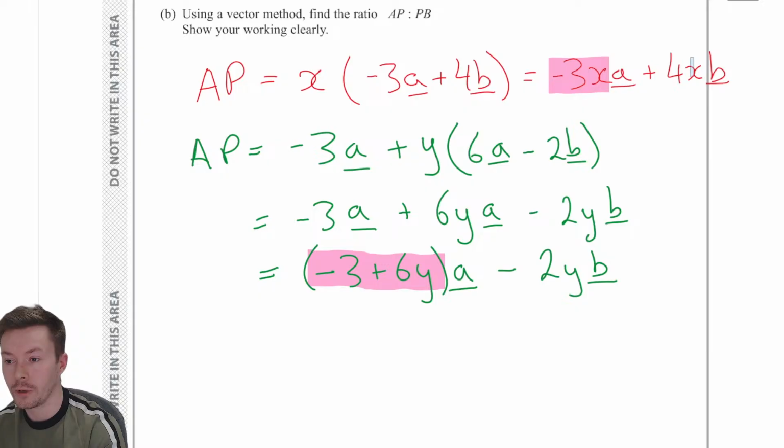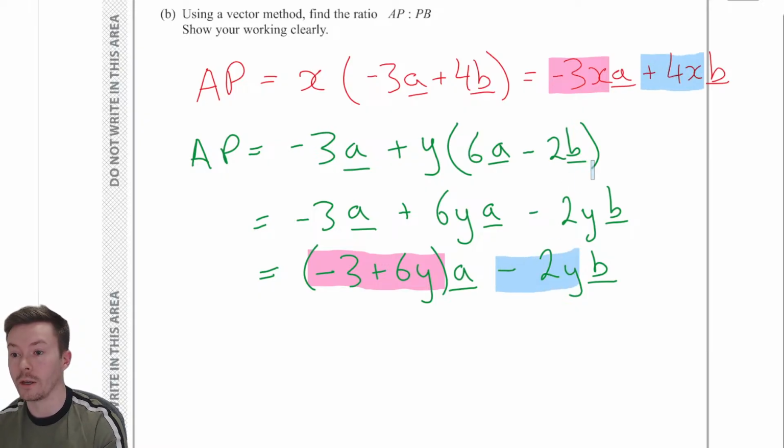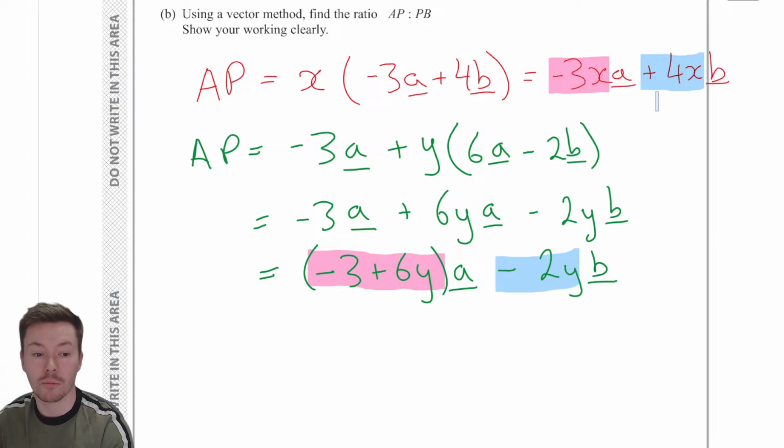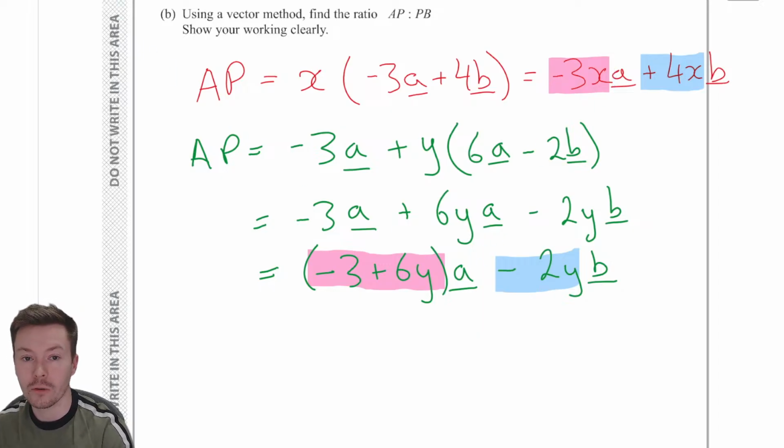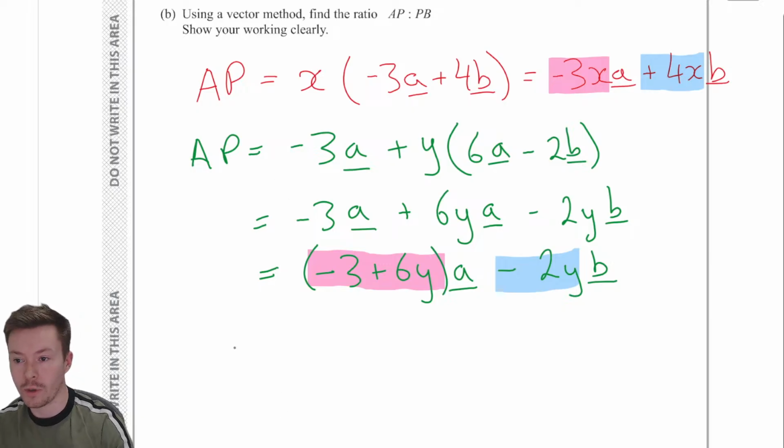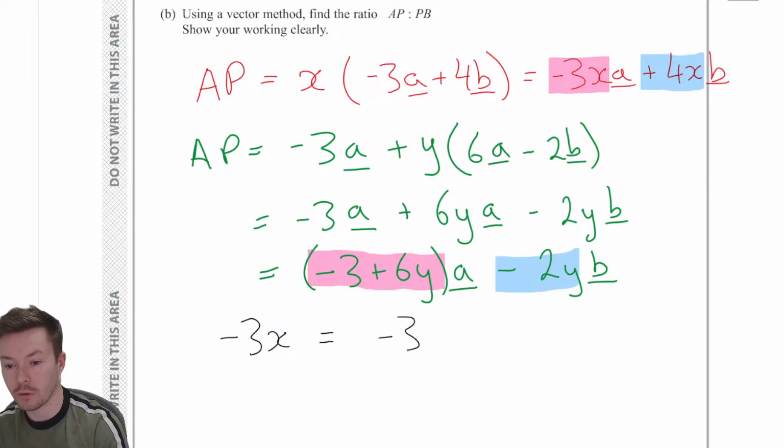And also, I'll choose a different color now, which hopefully is okay to see. Let's go with a blue. So we've got 4x and minus 2y. Because they're the numbers or coefficients in front of our b vector and our a vectors, they have to be equal. So what we get is minus 3x, so this is our A coefficients, is equal to minus 3 plus 6y.